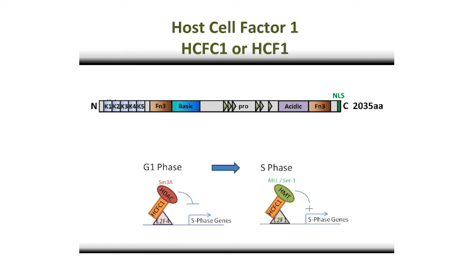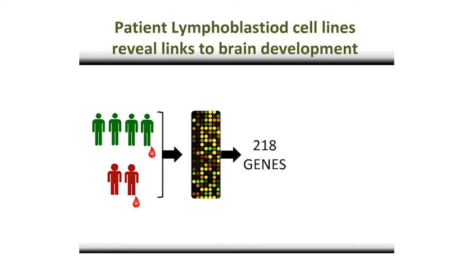I must say, we found the regulatory mutation, that's okay, but we were by no way convinced that this change was the actual causative variant. So we took, again, lymphoblastoid cell lines from affected individuals compared to controls. In this instance, we used microarray, and we pulled out 218 genes that were significantly deregulated.